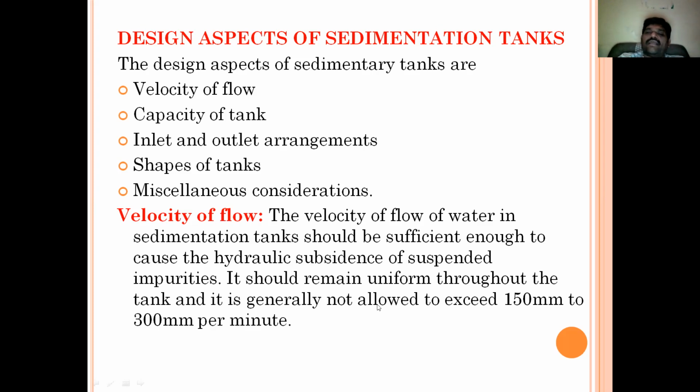The velocity within the tank must be reasonable and acceptable, so that the weighted particles can settle slowly, and the velocity should not exceed 150 mm to 300 mm per minute. This is one more aspect you must remember about velocity of flow.